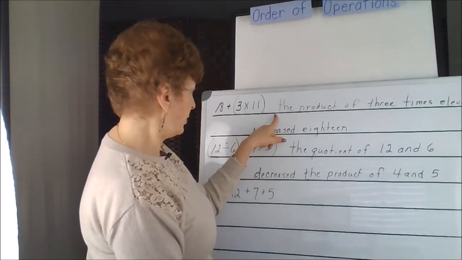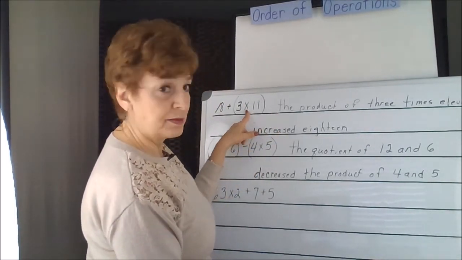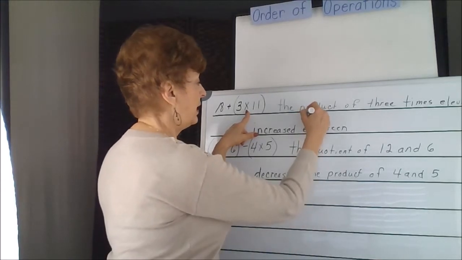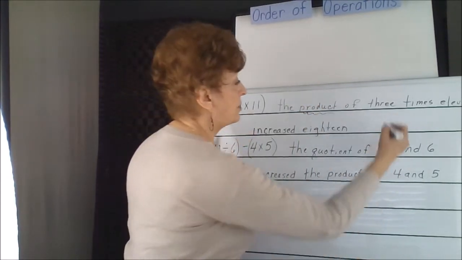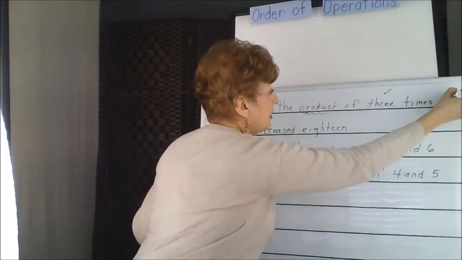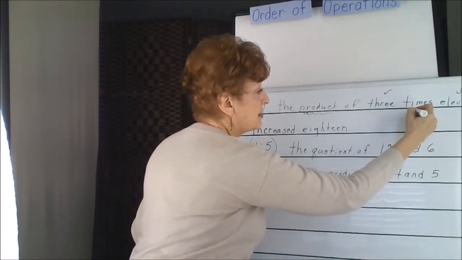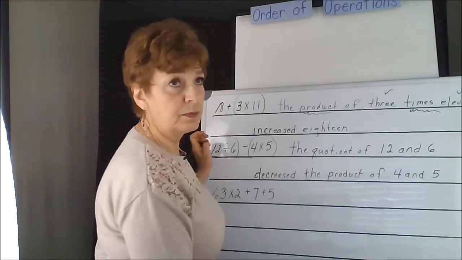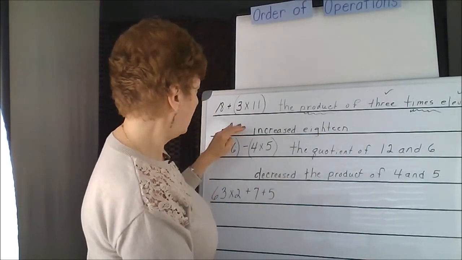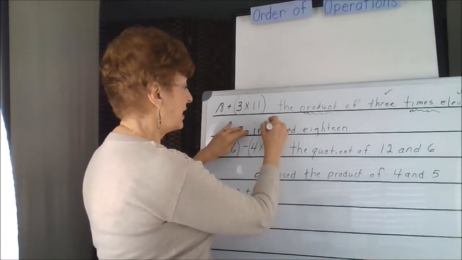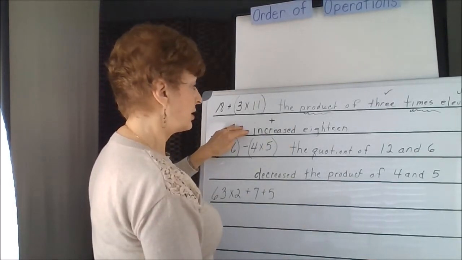So in the first one, we would have our multiplication as being product. That's our buzzword for it, our clue. Of course, we've got a number and a number. Also, here's a secondary hint word for multiplication. Our increased gives us the addition.